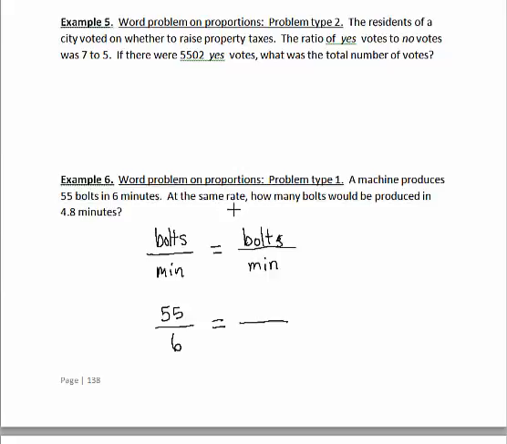And now the question is, how many bolts do we produce for the ratio on the right? We don't know the bolts on the top, but we do know the minutes, so we place 4.8 on the bottom. The question mark becomes a variable, and we can use x as we usually do.